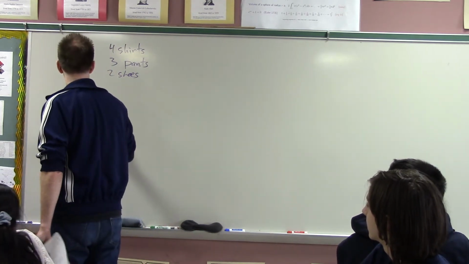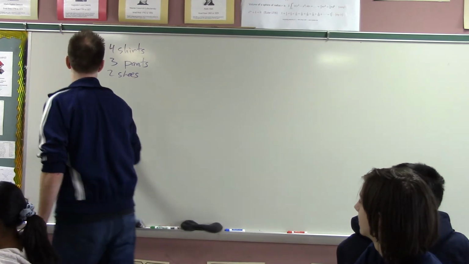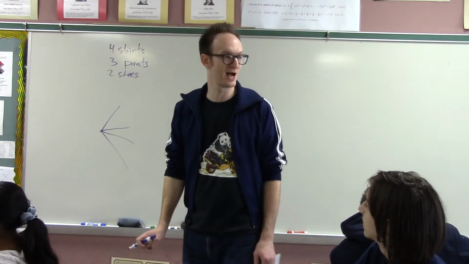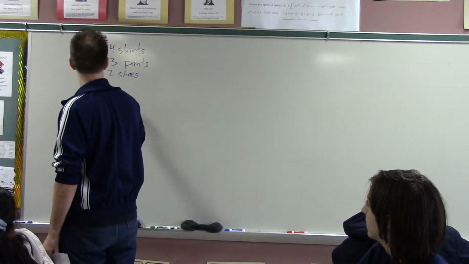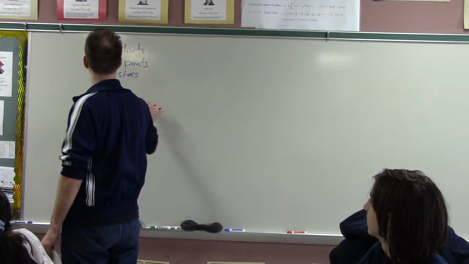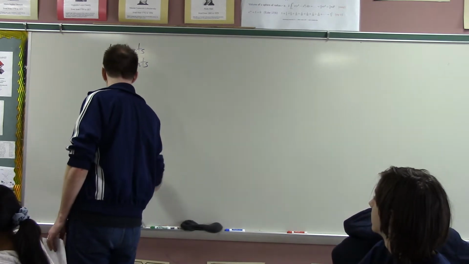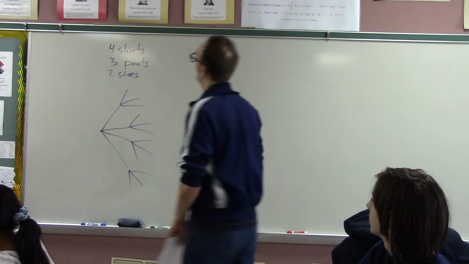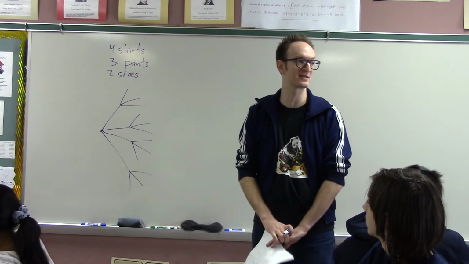Well, I can think of this as a decision. I have 4 shirts, so first I'll choose which shirt to wear. 4 choices. Then having chosen which shirt to wear, I will choose which pair of pants to wear. For each choice of shirt, I have 3 choices of pants to match with that.